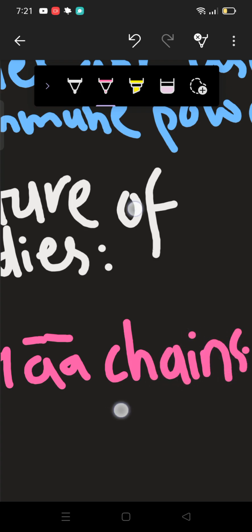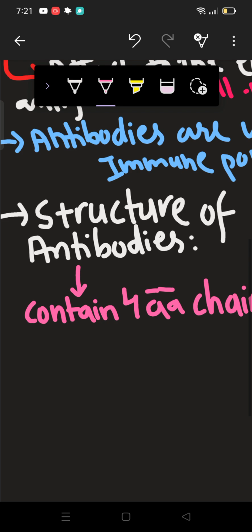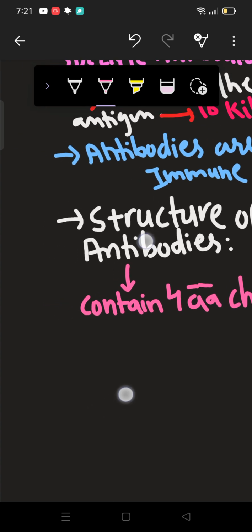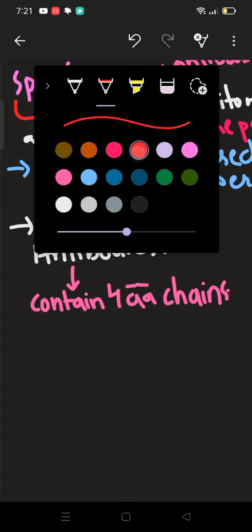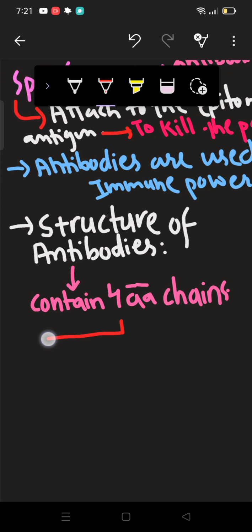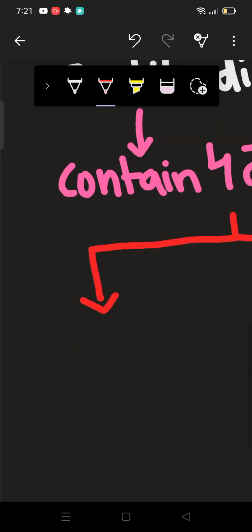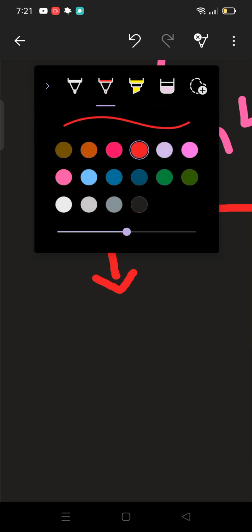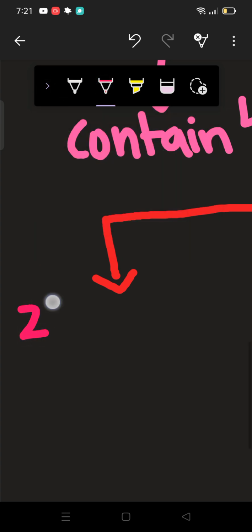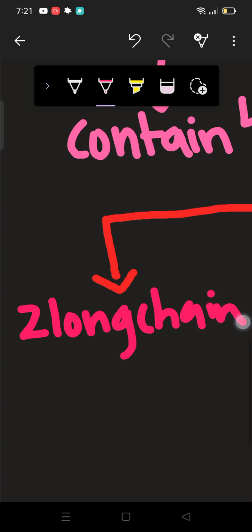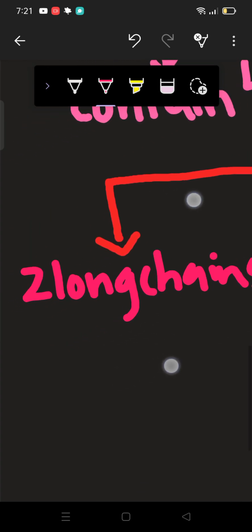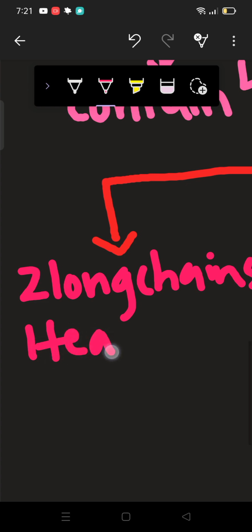So we have 2 long chains, also known as heavy chains, which are identical to each other. Let me write this down first. We have 2 long chains, also known as heavy chains.